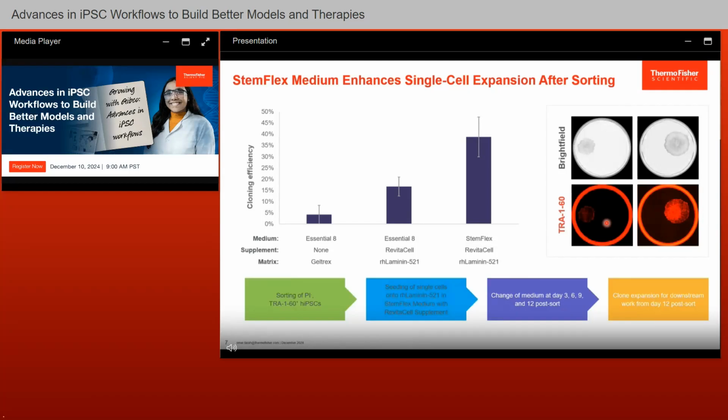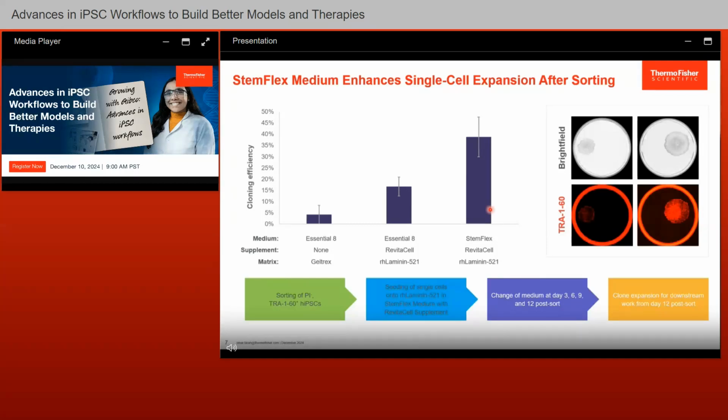What we were aiming to do is to analyze which of those 3 conditions would be more favorable for the ability of these single cells to generate a colony, i.e., the clonal efficiency of each condition.